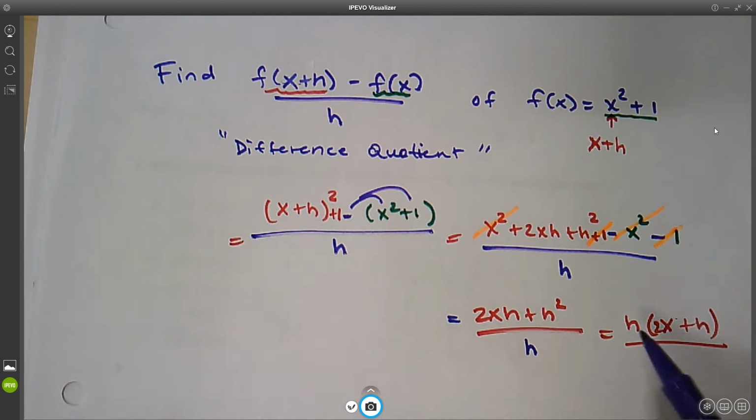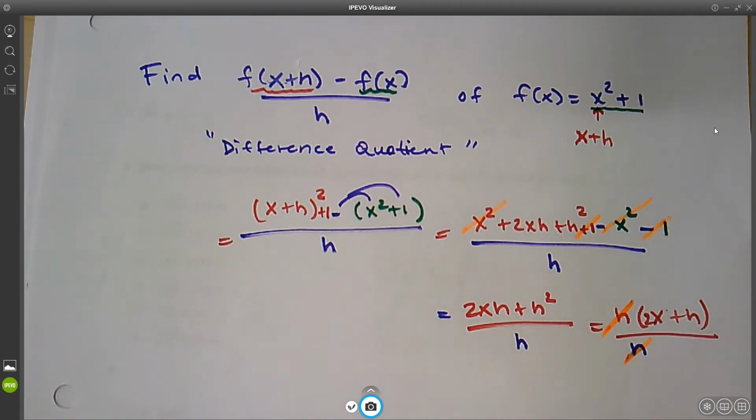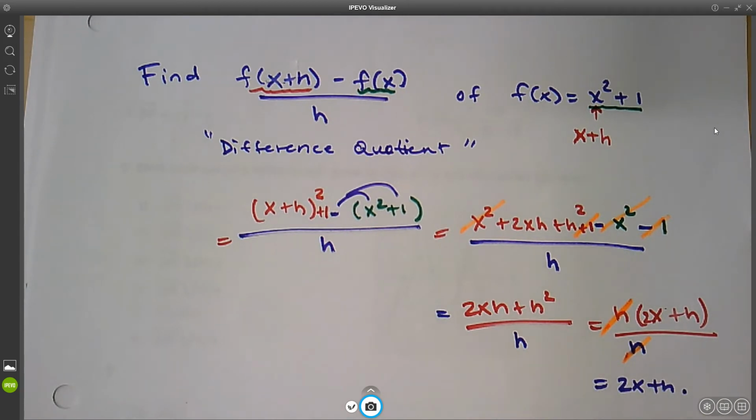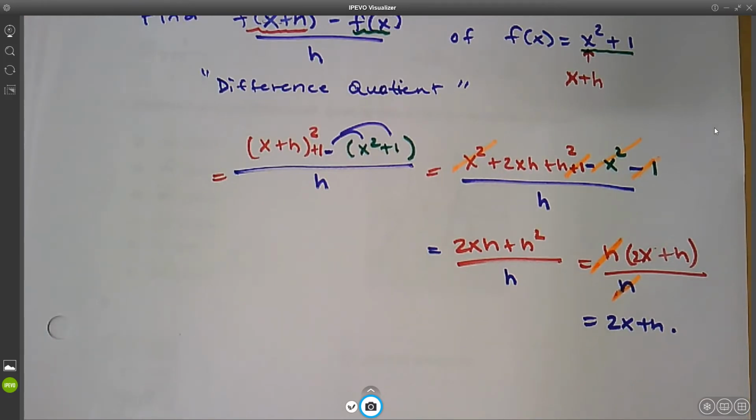It will cancel with that h at the bottom, and then you will say this is our answer. So that's the answer to your difference quotient, 2x plus h. So today we're going to become really good at these because we're going to add something to it, and we're going to give it a different name.